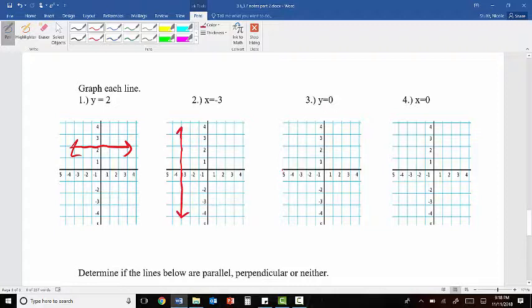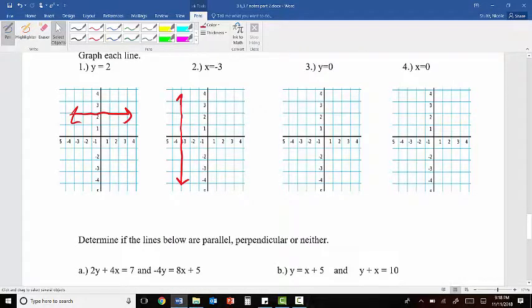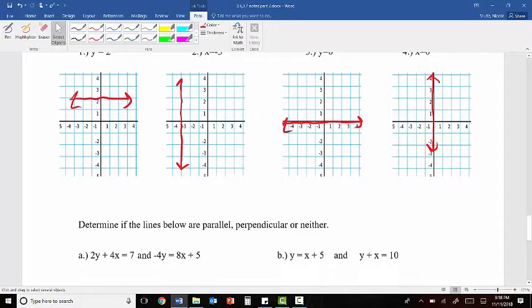All my y's are 0, so it goes left to right. So left to right, always at 0. x equals 0 means all my x's have to be 0. There we go. So again, very, very simple for those kinds of lines.